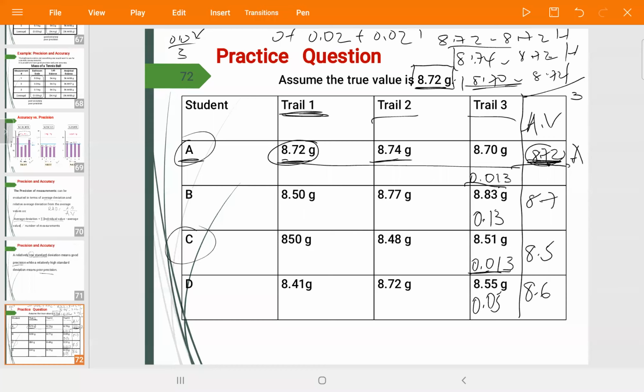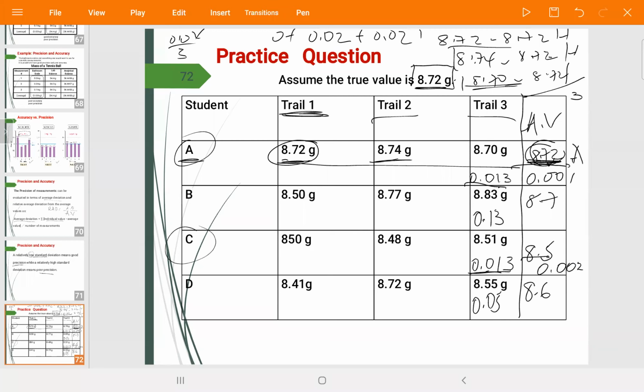For A, 0.0015. What about C? 0.0015. It should be different because this value is larger than this value, right?